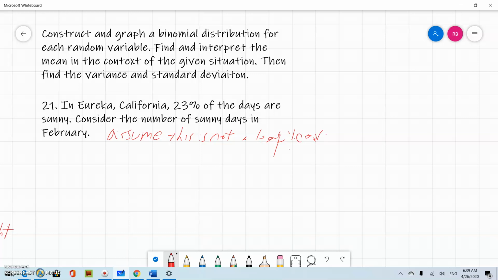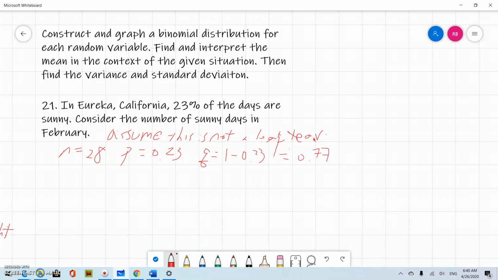I hope you can see. So this is not a leap year, which means that there will be 28 days. And then the probability of success is 0.23 because it says find how many sunny days in February. So then the probability of failure would be 1 minus 0.23, which is 0.77.